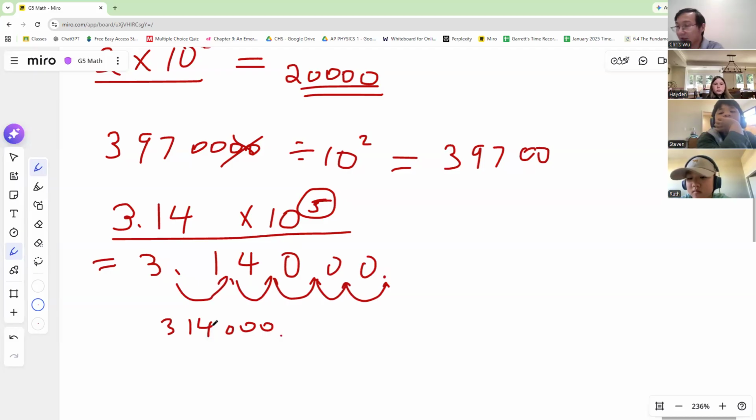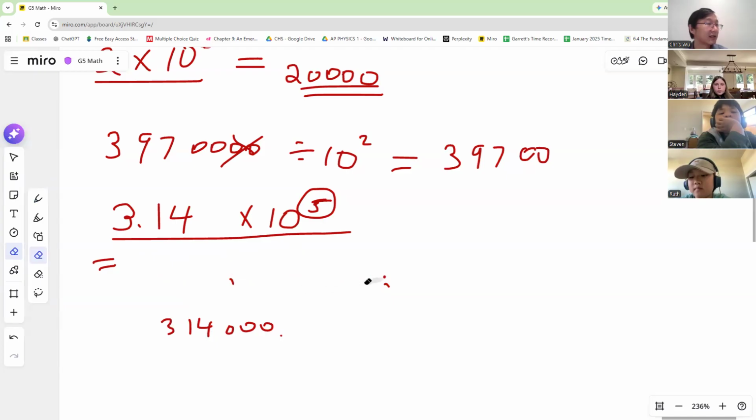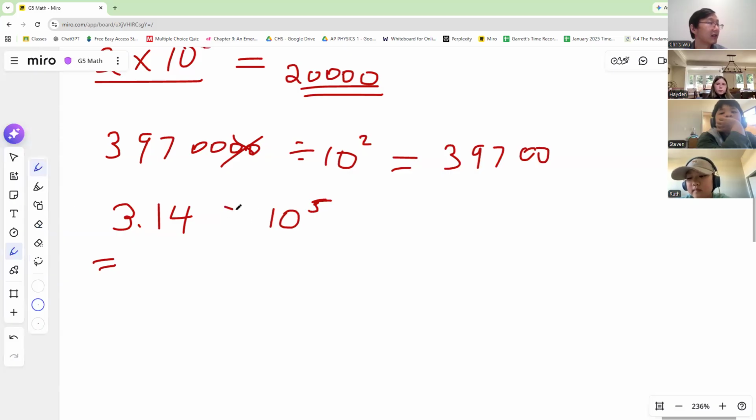Okay, now what do we do if, instead of doing that, let's say I divide by 10 to the third power. What would happen? Stephen?